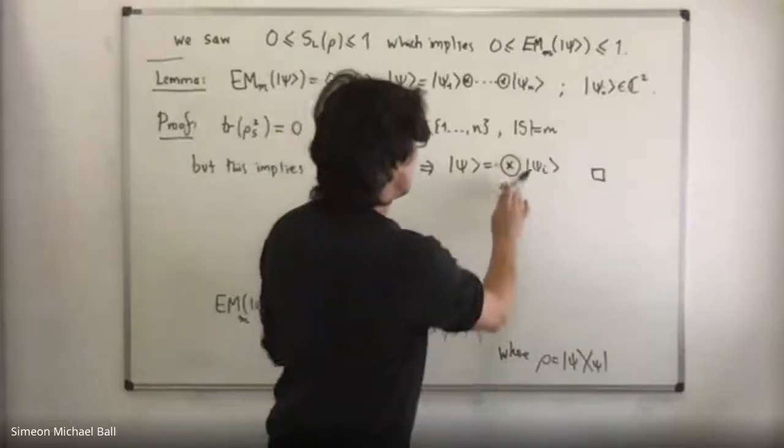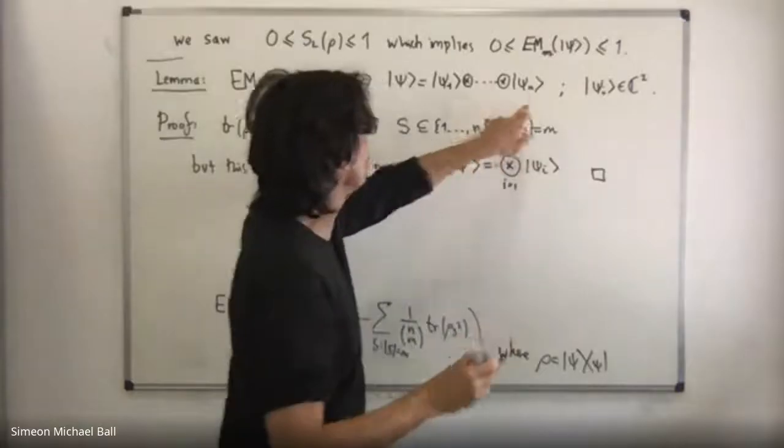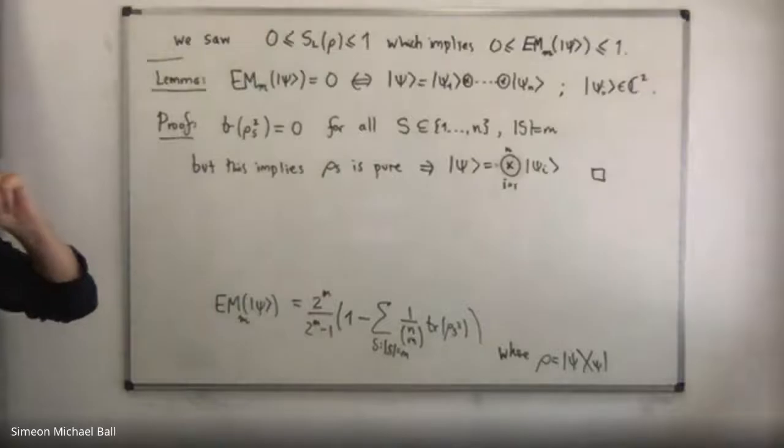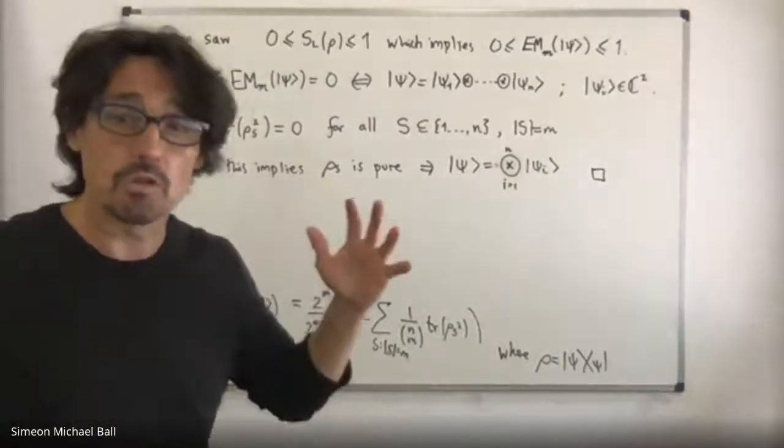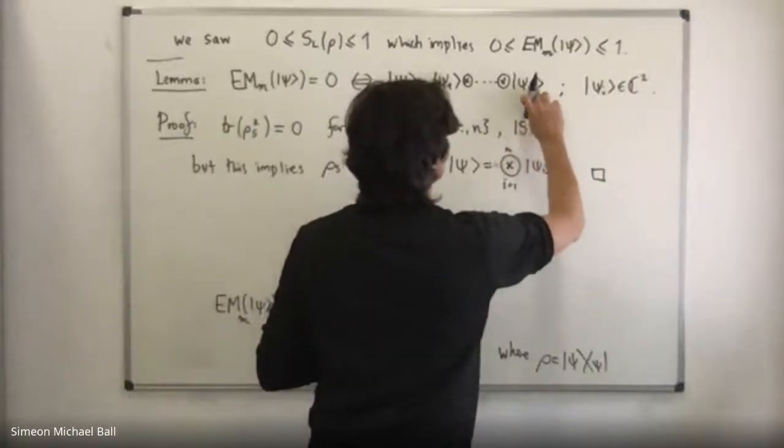Wait, how far does the subscript for the size go up to? Here. Yeah, and in the statement of the lemma as well. So we're always on an n qubit system. The big system's always got n qubits. Yeah, okay. It looked like an M, like the video feed is choppy.